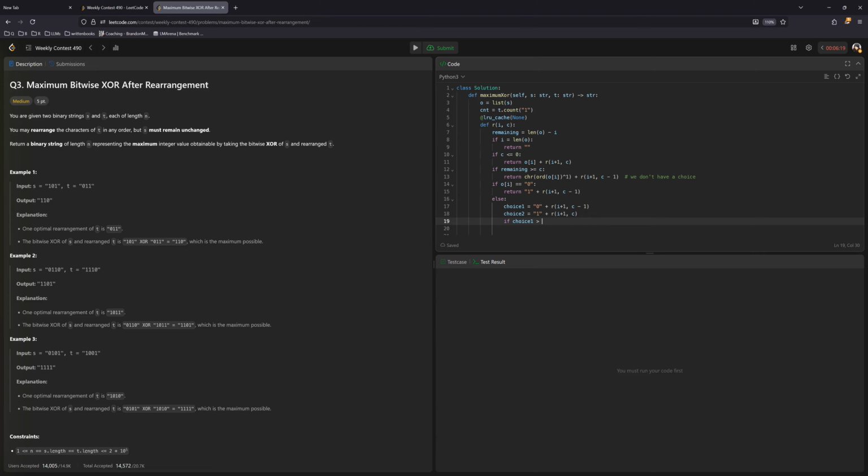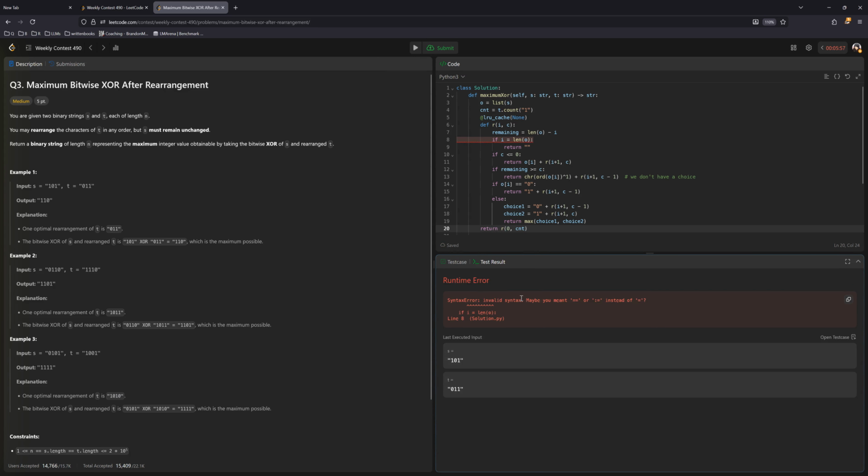If choice 1 is greater than choice 2, then return choice 1. That's stupid. Return max of choice 1, choice 2. And they're the same length, so that's fine. So return R of 0, comma, CNT. Invalid sequence.